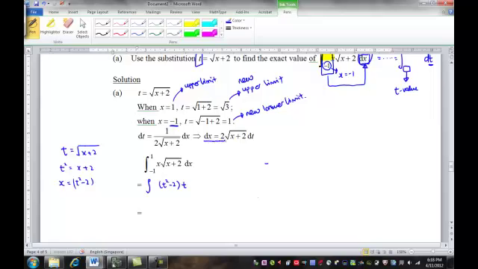dx is given by this expression, and we know that square root x plus 2 is in fact just t. So dx is equals to 2t dt. So dx, we can replace it by 2t dt.